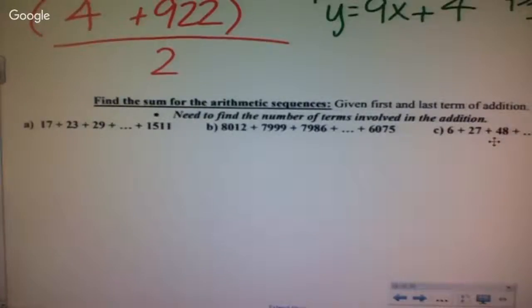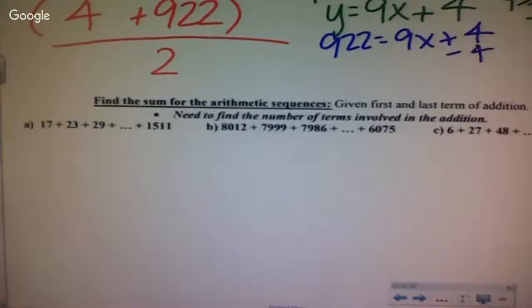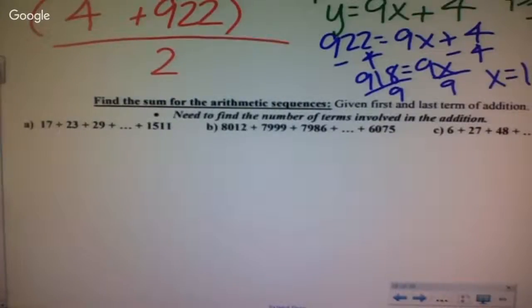How do I find that using y equals? You flip it. Where does 922 go into here? It goes into your y. So 922 equals 9x plus 4. Subtract 4 from both sides. 918 equals 9x. Divide by 9. X equals 102. So this is P sub 102, which means I have how many terms? 103.